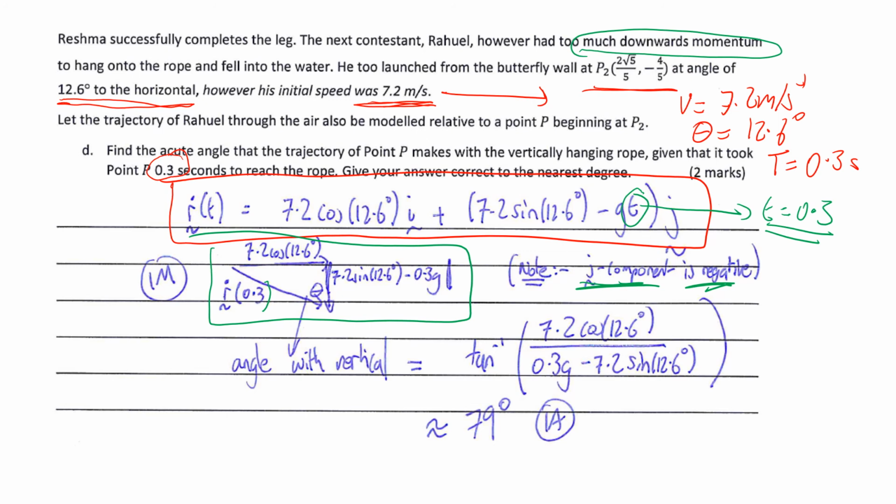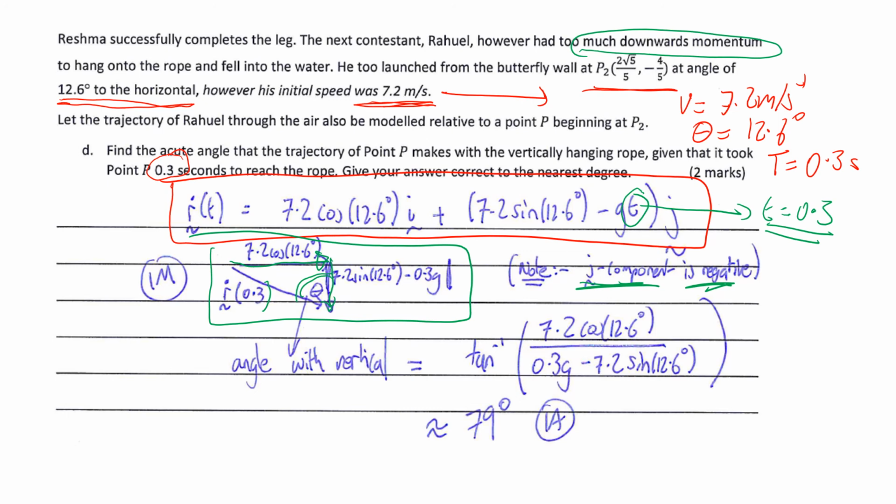So here's your i component of the velocity vector at 0.3. Here's the j component. And of course, here's the angle it's making with the vertical, which is the angle it's making with the rope.